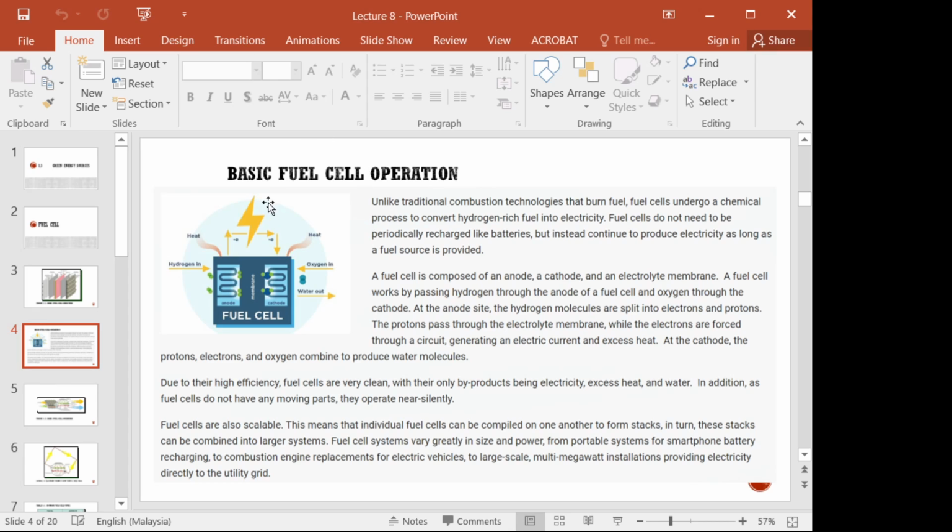Okay, we have basic fuel cell operation. Easy to be understood.